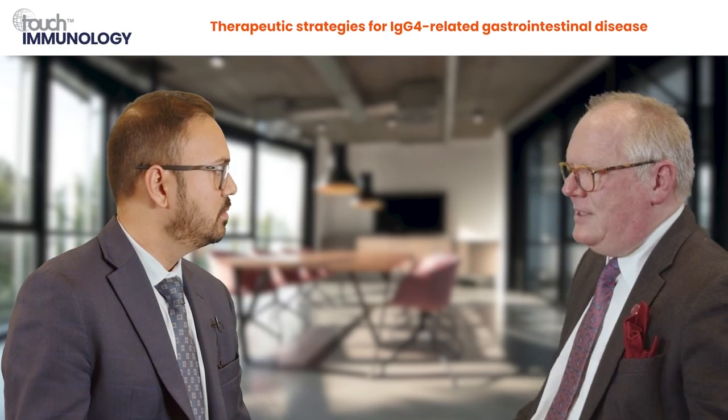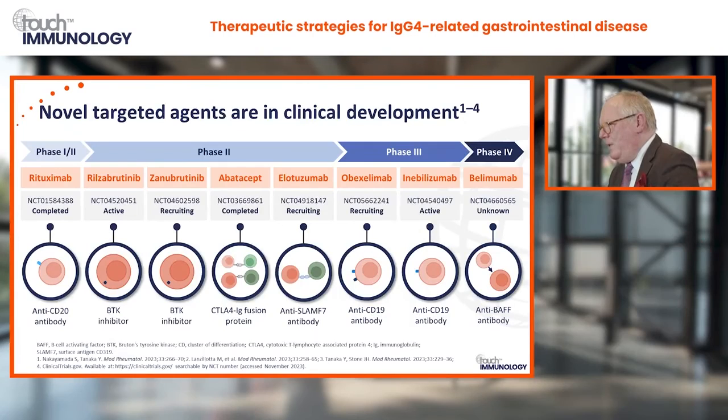Now, what is new on the block for the treatment in the future? Well, we mentioned the off-label medications, but there are clearly a whole array of drugs in clinical studies, some of them rather late, particularly phase 3 with the anti-CD19 antibodies, which are probably, similar to the anti-CD20 antibodies, the best way to tackle this disease from an immunological point of view.